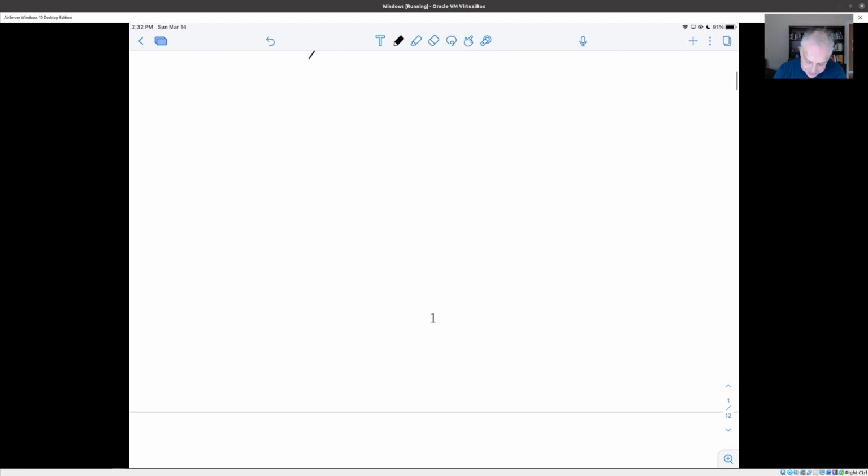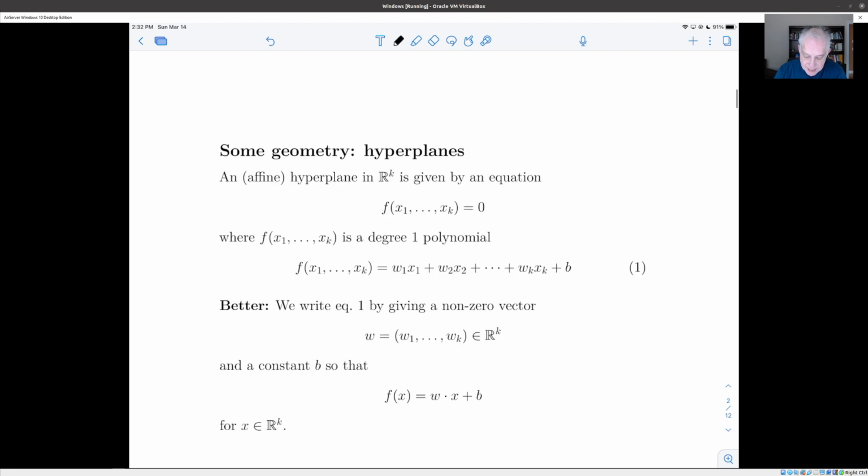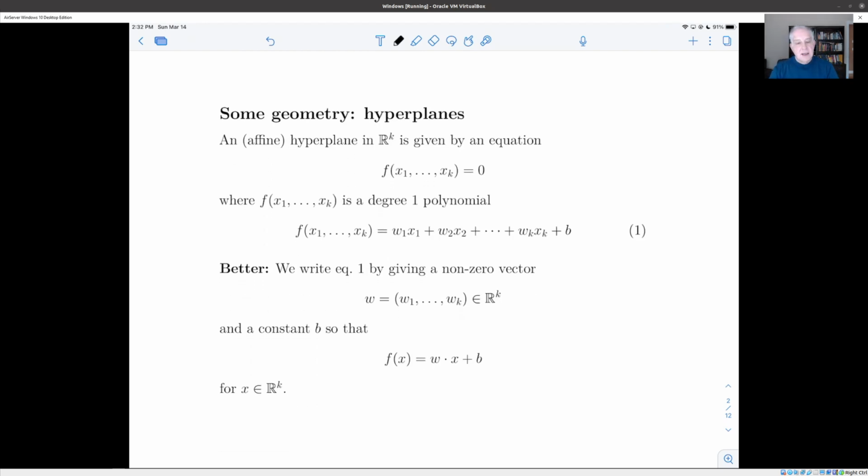So before charging ahead, let's think a little bit about hyperplanes. An affine hyperplane in Rk is given by an equation of the form f of x equals 0, where f of x is a degree 1 polynomial.